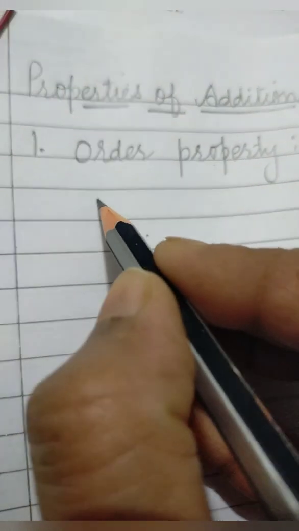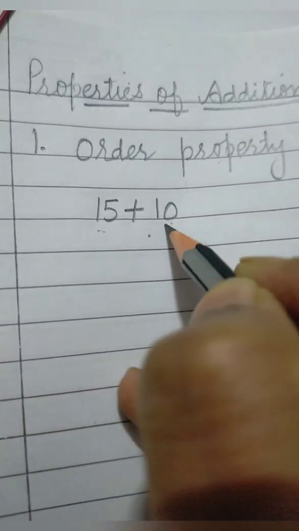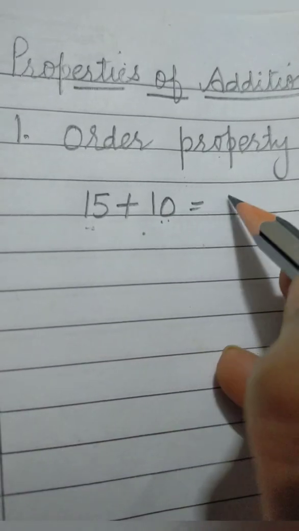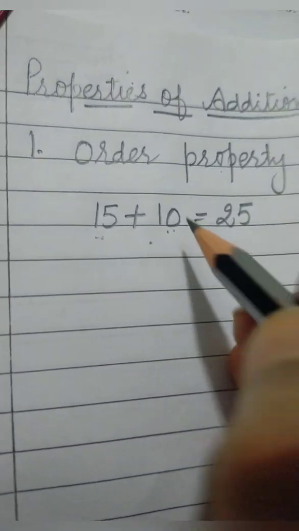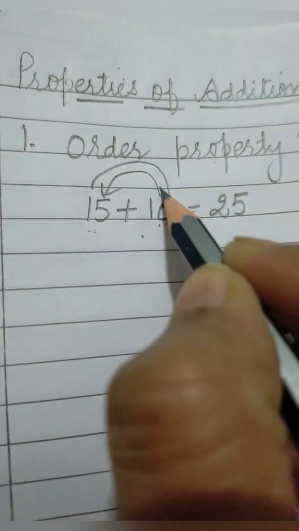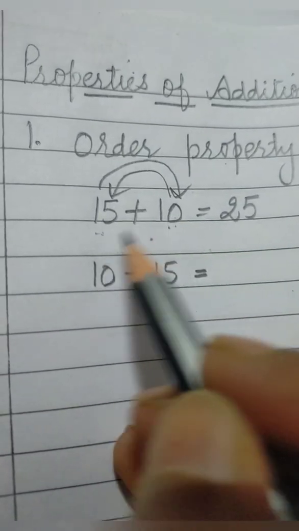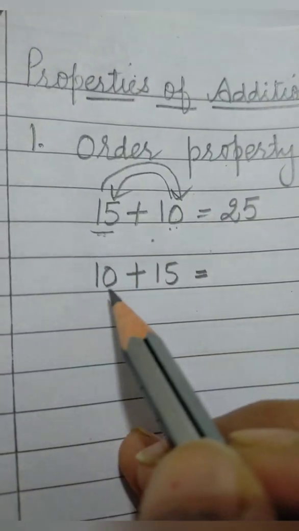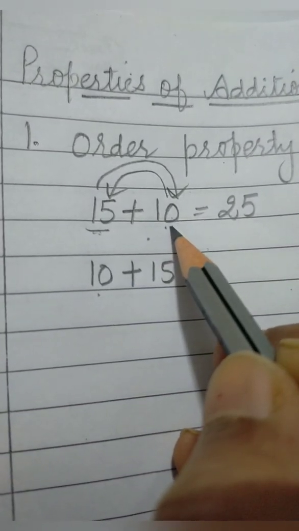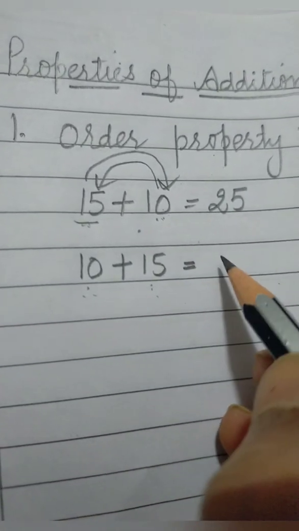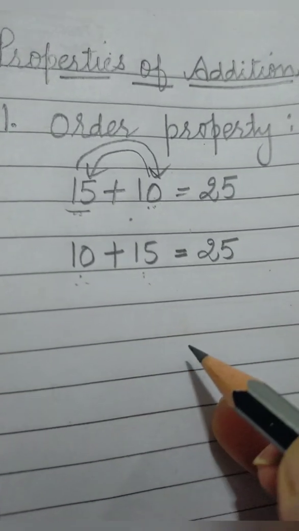Order property means when we add two numbers, for example 15 plus 10, we get 25. If we change the order of these numbers, so that firstly 10 is written and secondly 15, when we add these, again we will get 25.